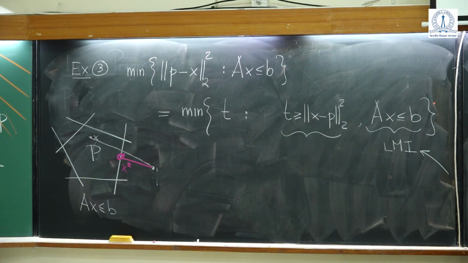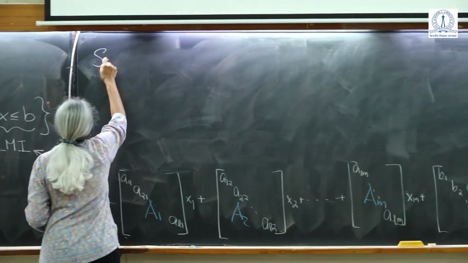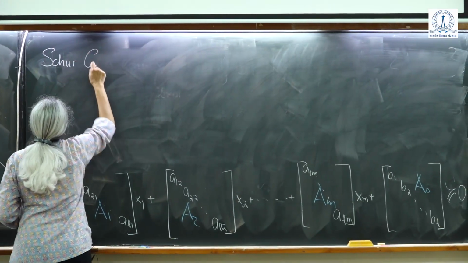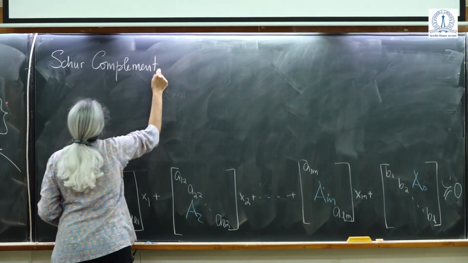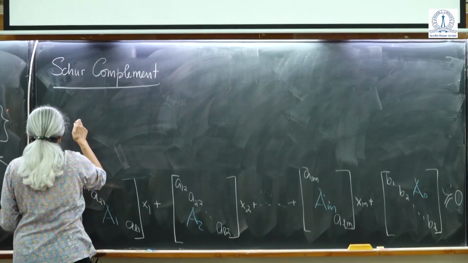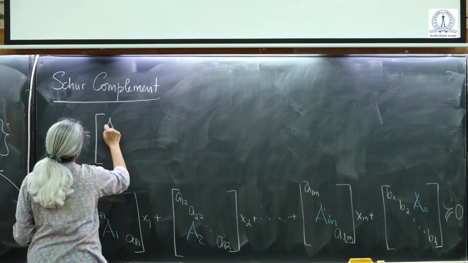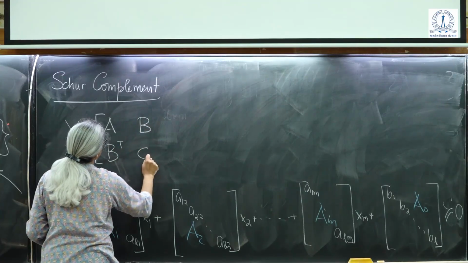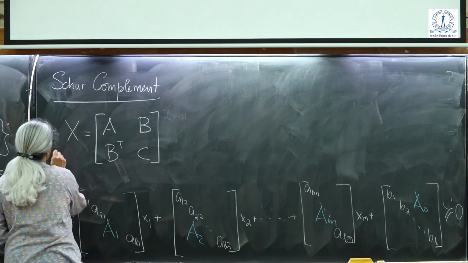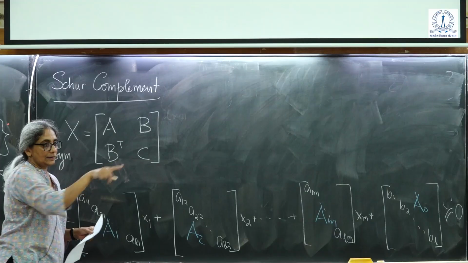So this is called the Schur complement lemma. It says that if X is a symmetric matrix and it's blocked like this, A, B, B transpose, C, okay? So it's symmetric, but I can write it in block form like this.